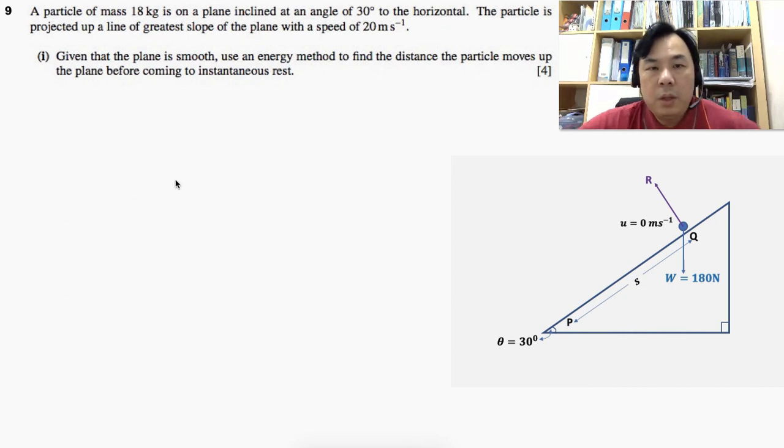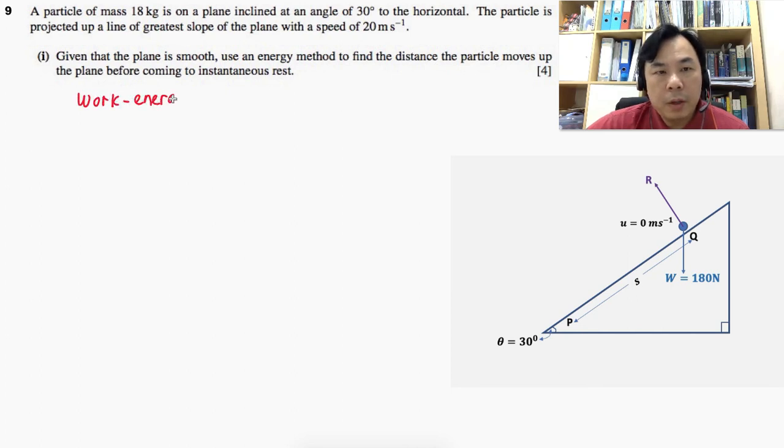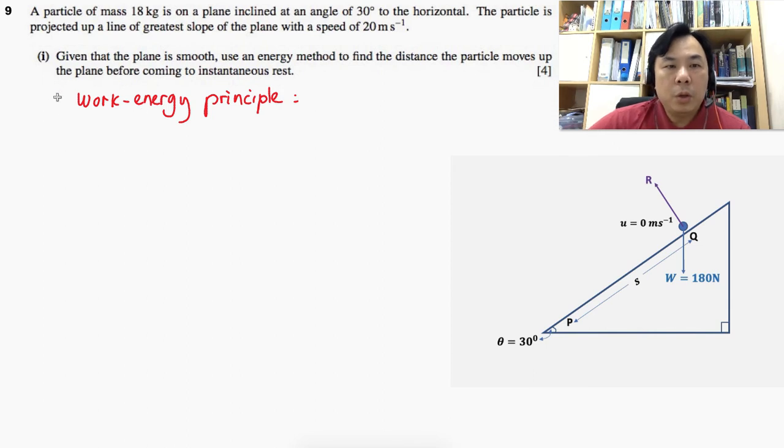So we're going to use the energy methods to find the distance the particle moves up the plane before coming instantaneously to rest. So to do that, now we're going to apply the work energy principle one more time. All right, so I'm going to show you the first method here.